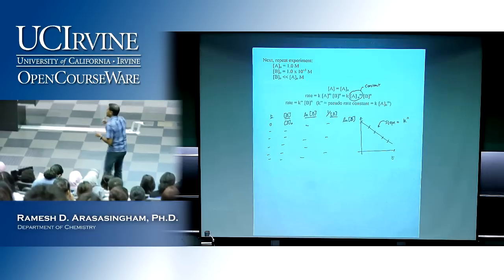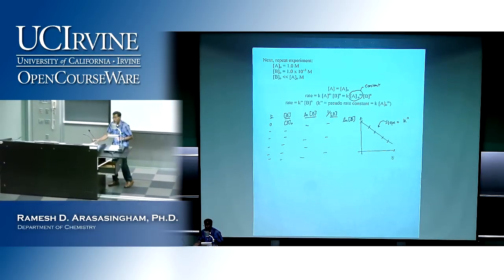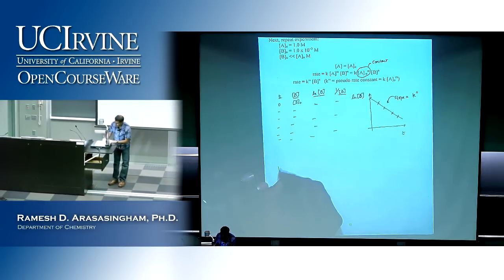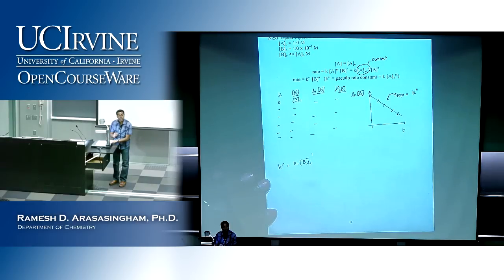K. So now that I've figured out it's first order, I can go pick any one of these slopes, and I know that K prime equals the real rate constant times B, the original concentration of B raised to the power 1. Do you guys get that? I know this number I have got from the plot.